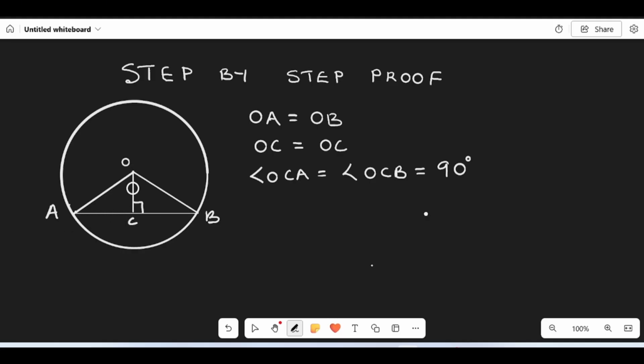So by the right angle hypotenuse side congruency rule, the two triangles are congruent.